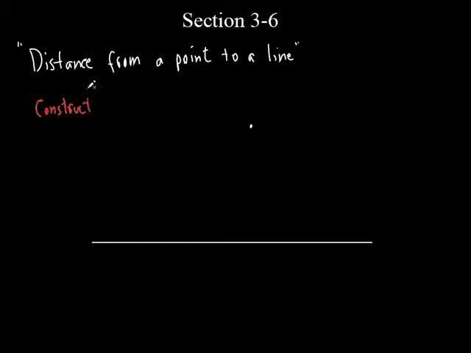It just means draw it out. If you see the word construct, or if I say construct, it just means draw the thing. I say construct a distance from a point to a line.